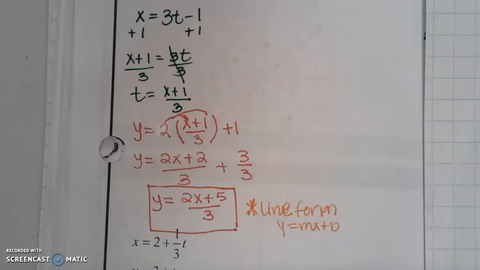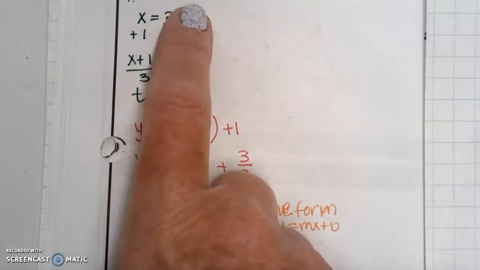It's just easiest to pick the first equation, but you could technically pick the second equation because it also has a t in it. Now we're going to take whatever that t is equal to, and we're going to substitute it into the second equation. In the second equation, we had y equals 2t plus 1.